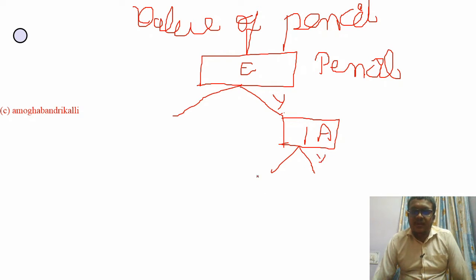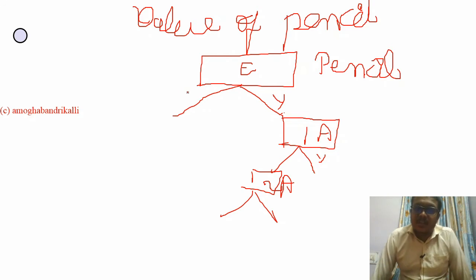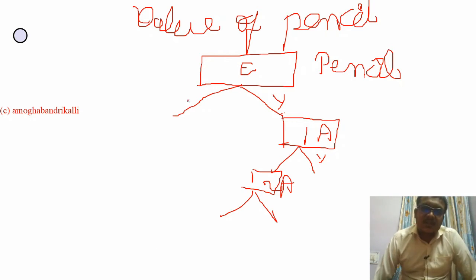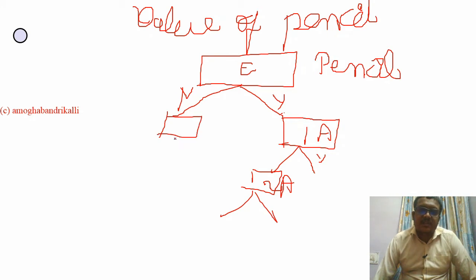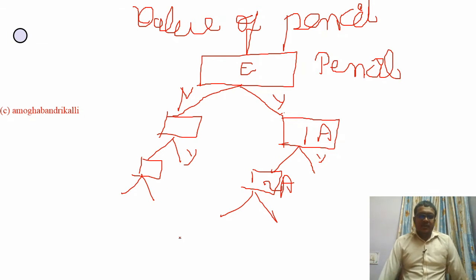If it is not 1A, again you need to go on asking whether it is 2A, 3A, normal pencils, or very thin pencils. If it is no, the same questions arise. If it is yes, it will give some values. If no, again some binary splitting of the data is going to happen.